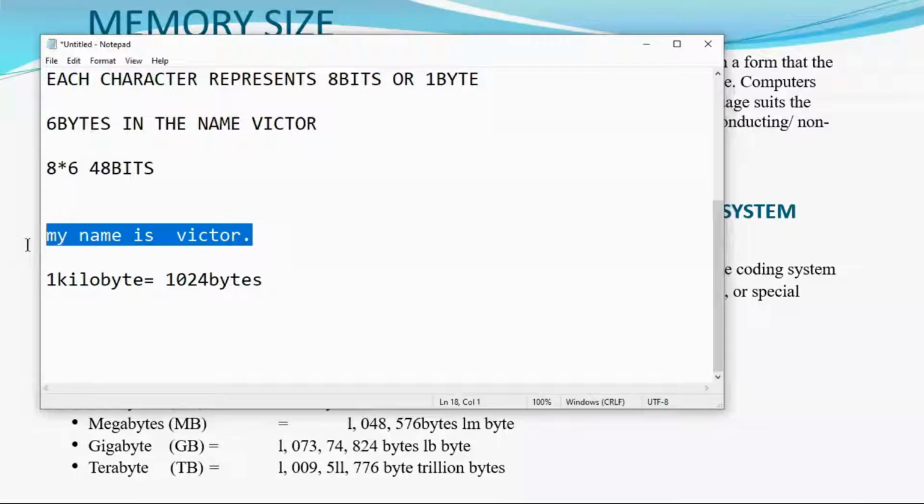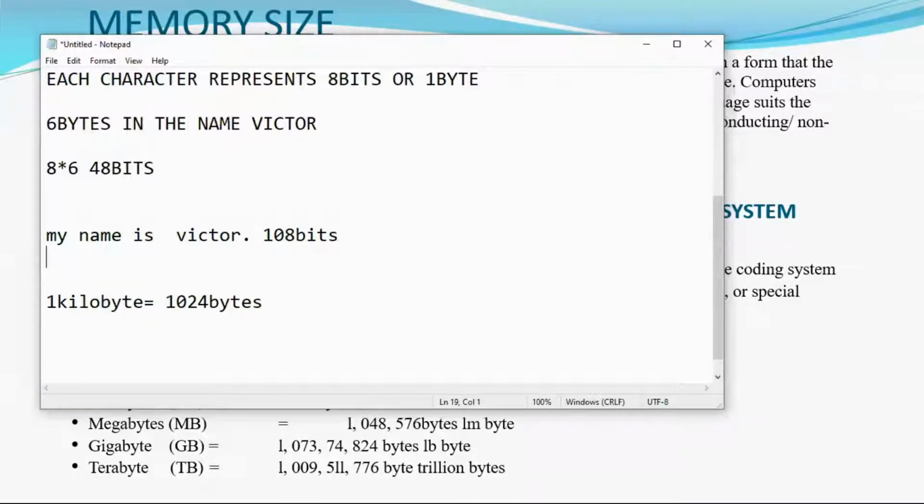Now, in this sentence, someone had already given us the answer as 144 bits, which is equivalent to how many bytes? 18 bytes, okay, 18 bytes. Now, if you were told to write this number of bytes in terms of kilobytes, we are going to use this relationship.